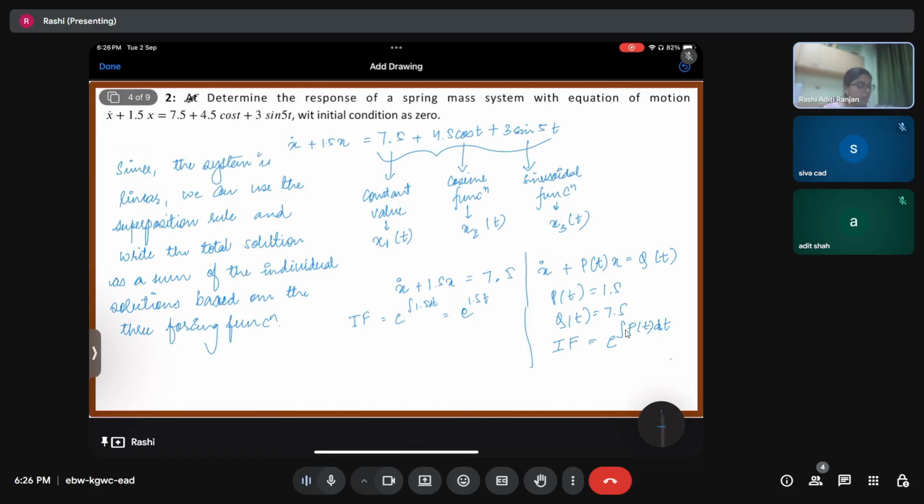Now, since I have the value of the integrating factor, we used to write the solution in the generalized form: IF into x should be equal to integral of IF into q of t dt.